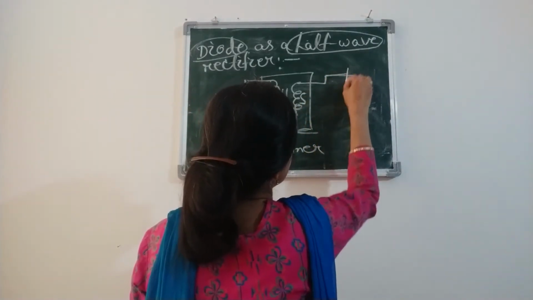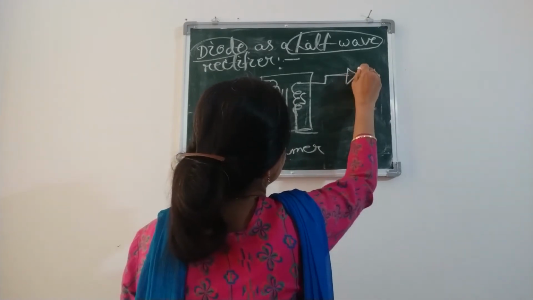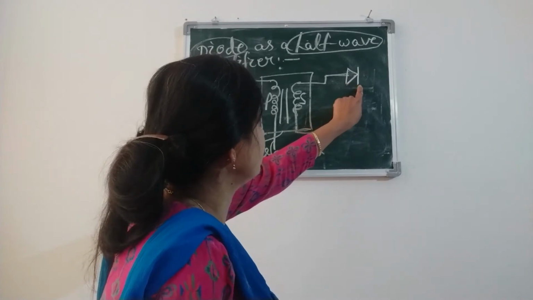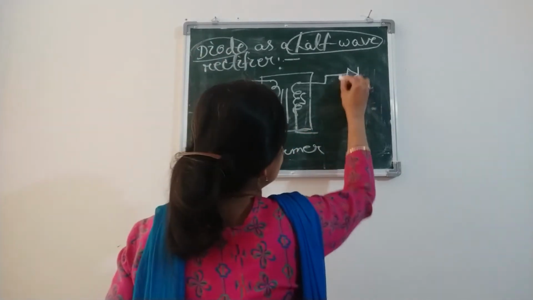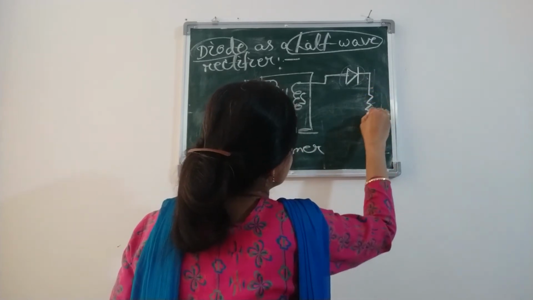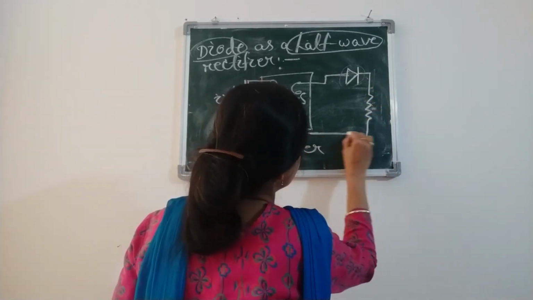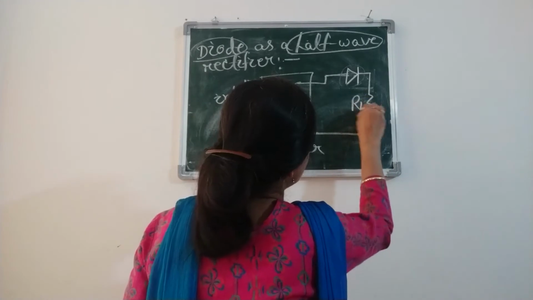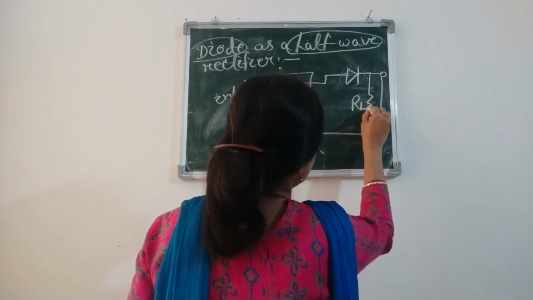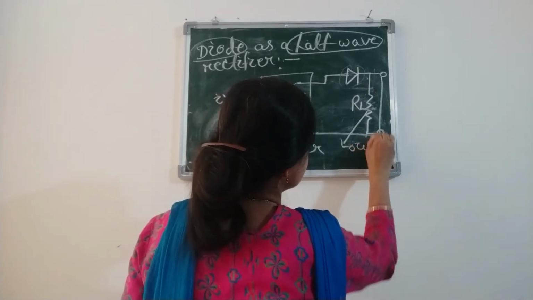Here we will connect a diode. This is your P and this is your N. So this is your PN junction diode, which is connected with the load resistance. Load resistance means through which output will be obtained.